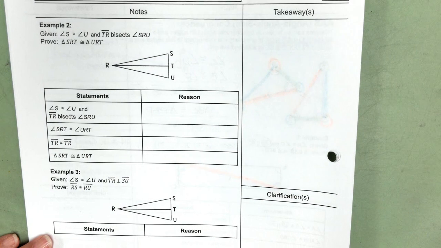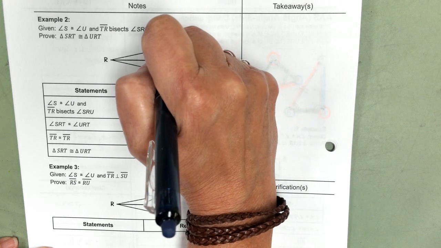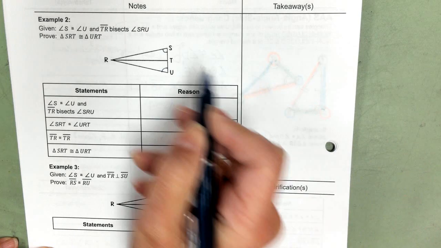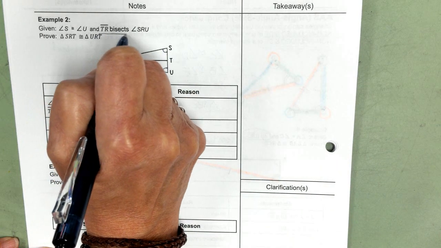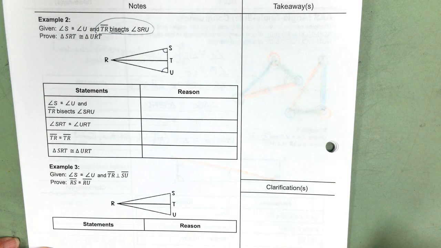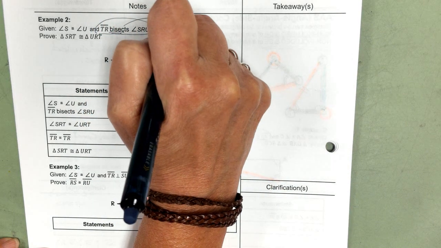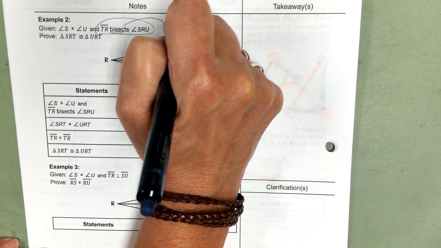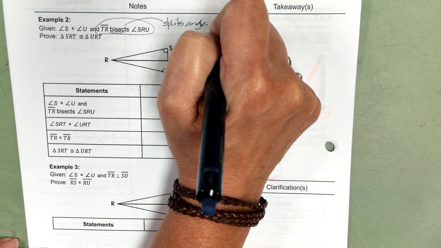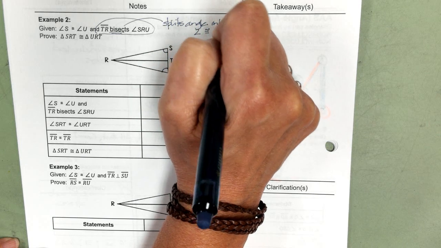Moving to example 2, we're given angle S is congruent to angle U. And we're told that segment TR bisects angle SRU. And the bisector splits, in this case, an angle into two congruent angles.